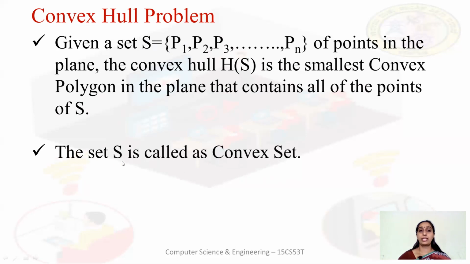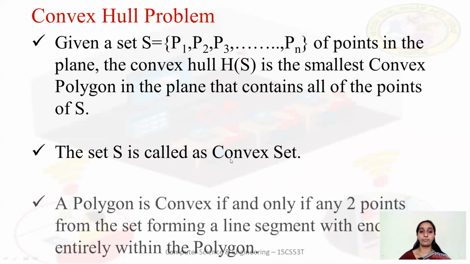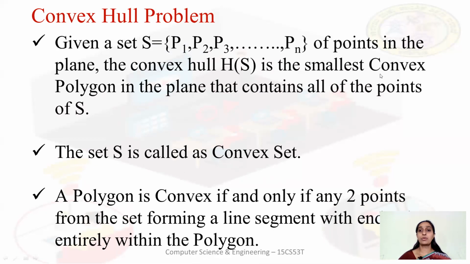The set S is called a convex set. The set of points using which we construct the convex polygon, we call that a convex set. Then what is this convex polygon? A polygon is convex if and only if any 2 points from the set forming a line segment with the end points do not enter into the polygon.